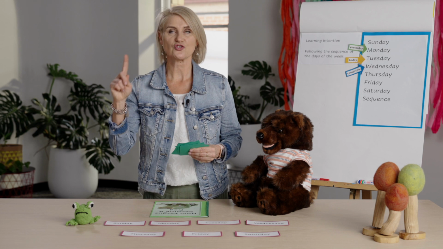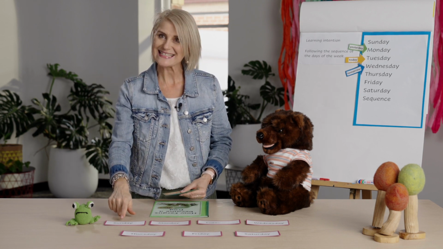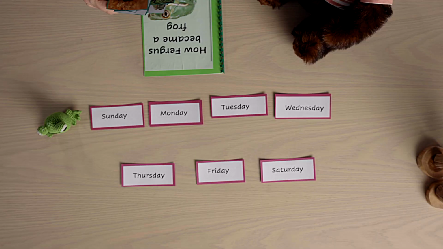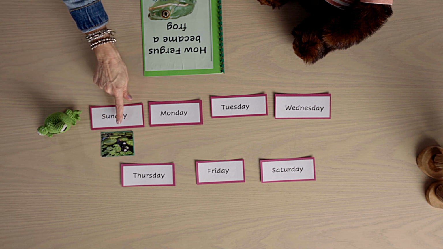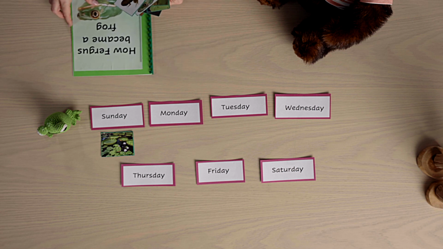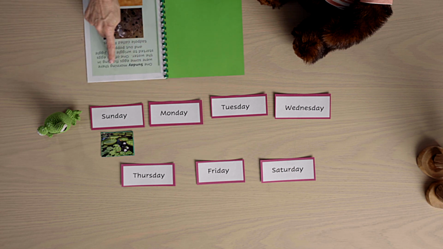Okay, let's try and recall and remember what happened on Sunday. On Sunday, did Fergus swim under the lily pads? Shall we check? Open up our book. One Sunday morning, there were some eggs floating in the water.